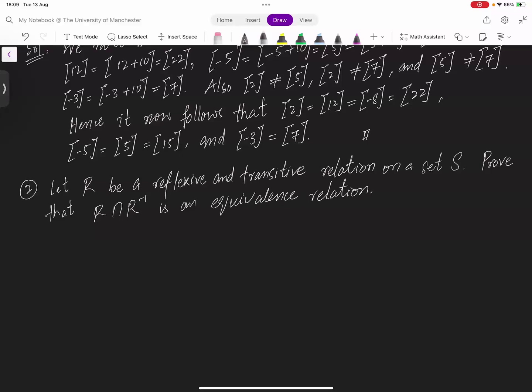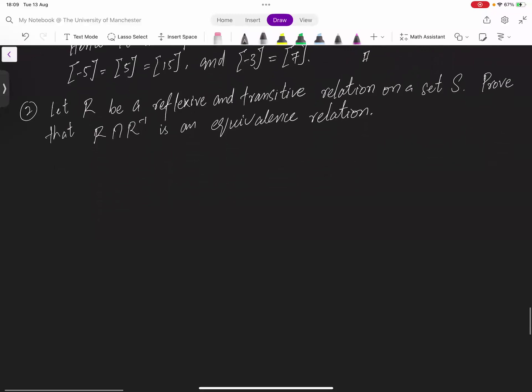To prove that, we can think of a technique. We can take the ordered pairs from this relation and then show that the ordered pair lies in the inverse, and then that the ordered pair lies in the intersection. And that will make it reflexive.